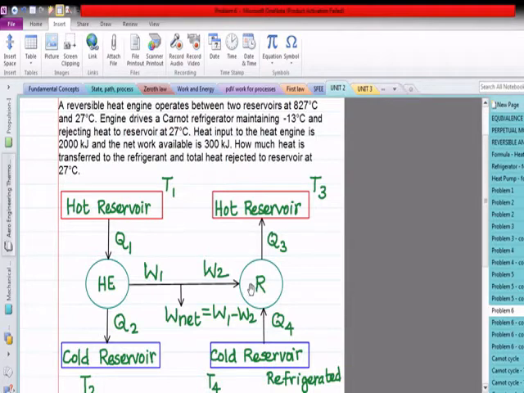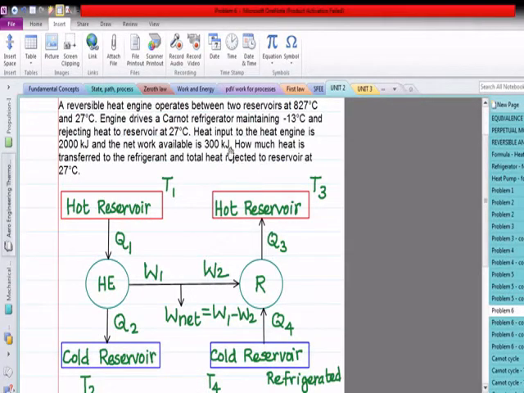If you subtract W2 from W1, what is the work remaining? That is called the net work available. So whenever the term net work available is given in a combined heat engine refrigerator system, it can be taken as the difference between work output of the heat engine and the work input to the refrigerator.